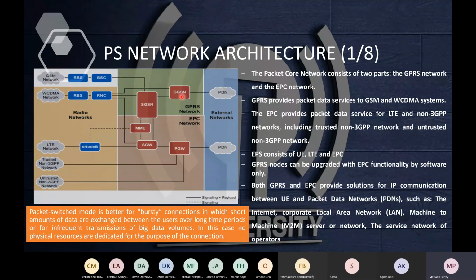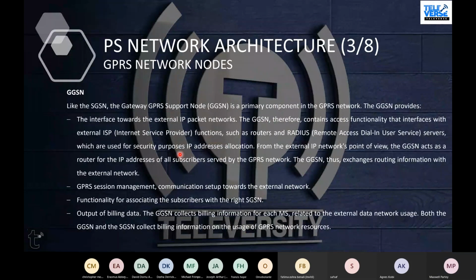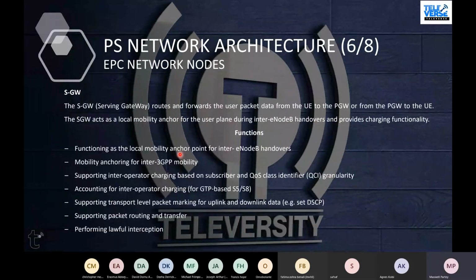So GGSN, SGW, and PGW, even though they are different aspects of the network, 2G, 3G, and 4G respectively, are put together as one node. The SGW routes and forwards the user packet data from the UE to the PGW and from the PGW to the UE.